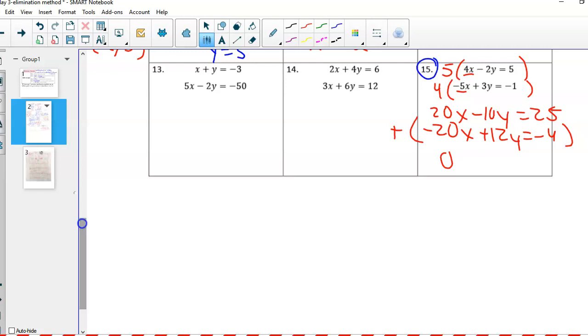No. Be positive 2. 25 plus a negative 4.